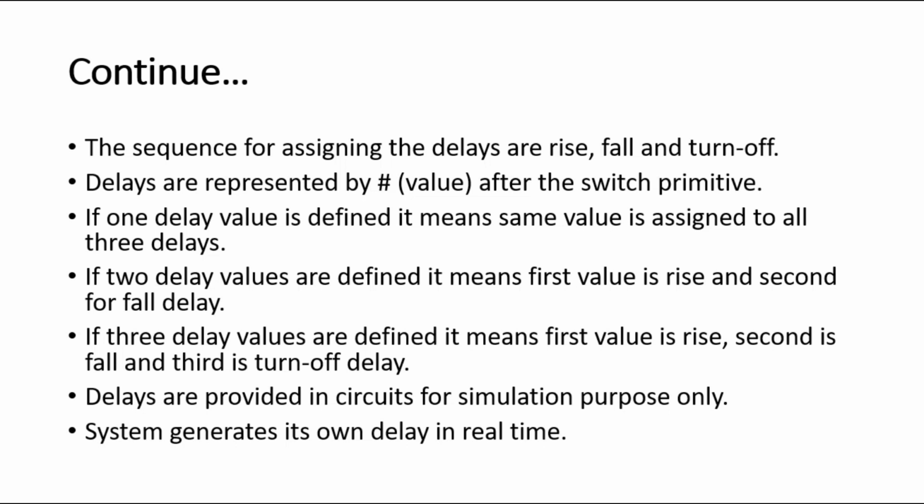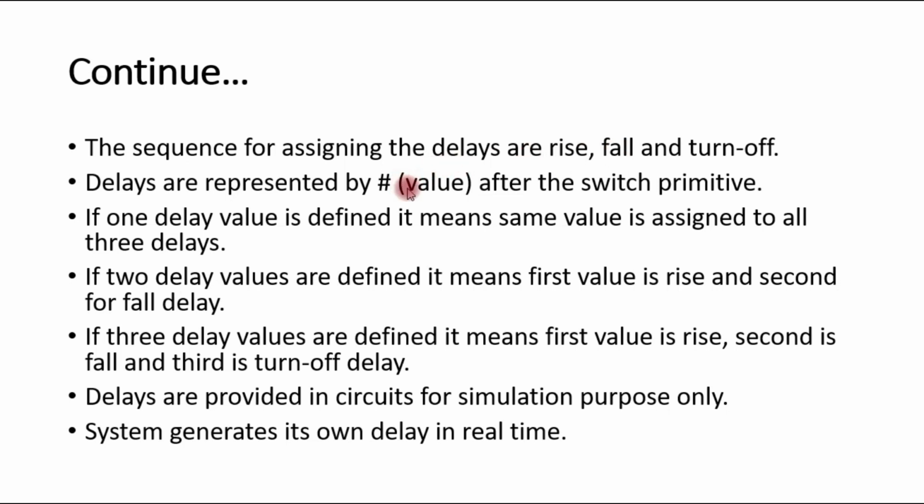The delays are always represented by hash followed by the value after the switch primitive. If we assign only one value in the bracket, then this value is the rise delay, fall delay and turn-off delay. It means all delays are equal. If we apply two values in the bracket, then the first value reflects rise delay and the second value reflects fall delay.